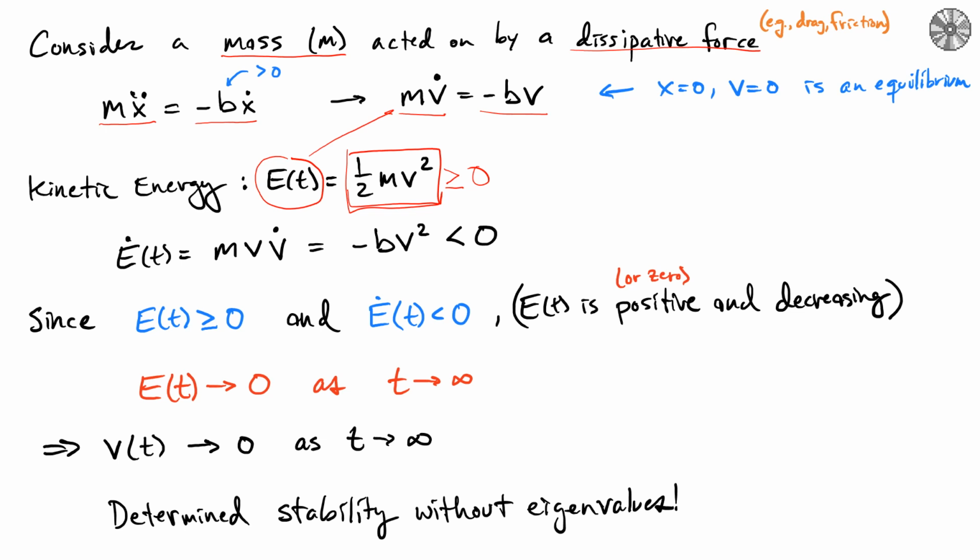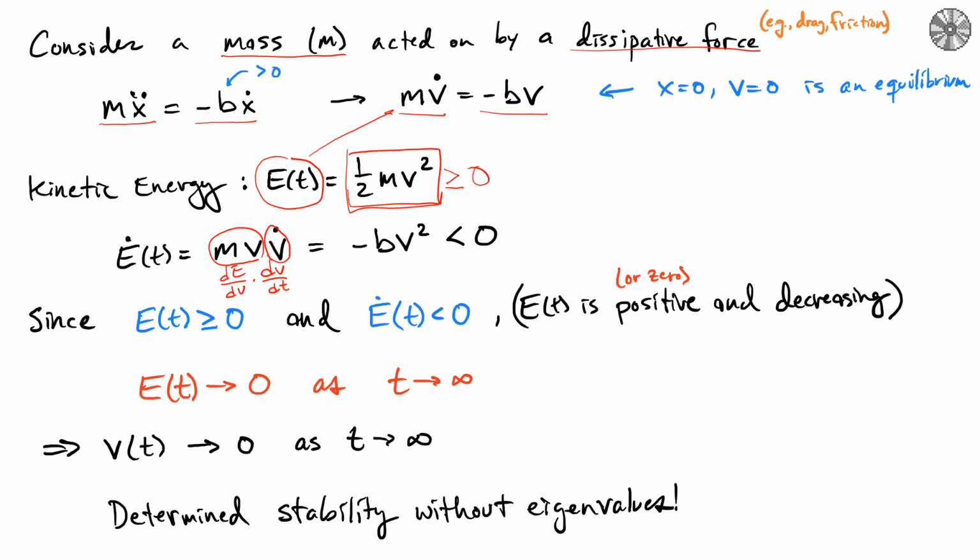The squared comes down, cancels with the 1/2, and we have m v, and then we take the derivative of v and we get v dot. So essentially this is dE/dv dotted with dv/dt.